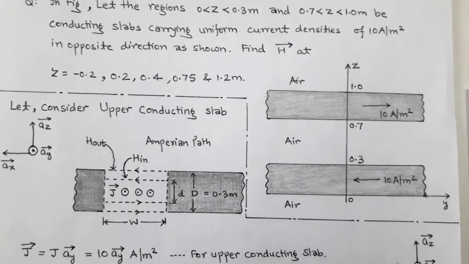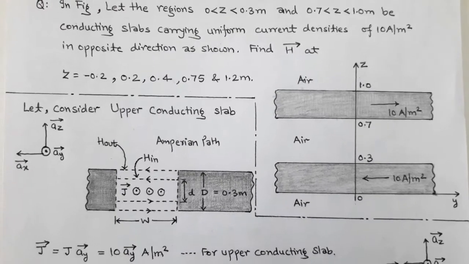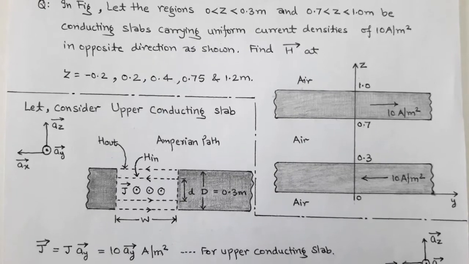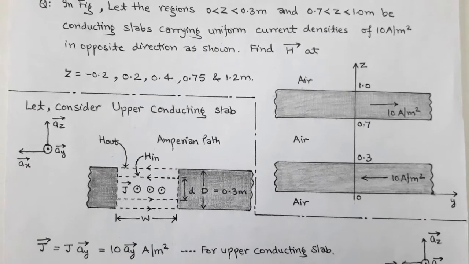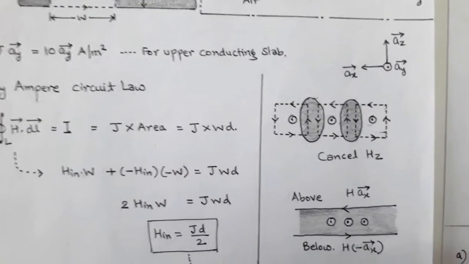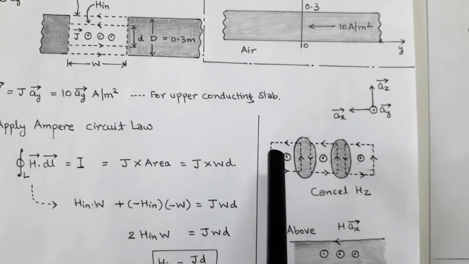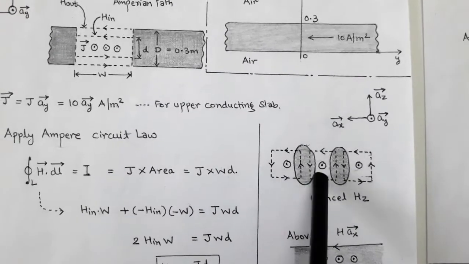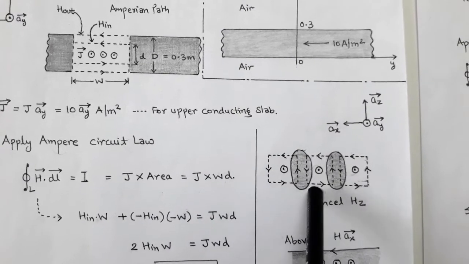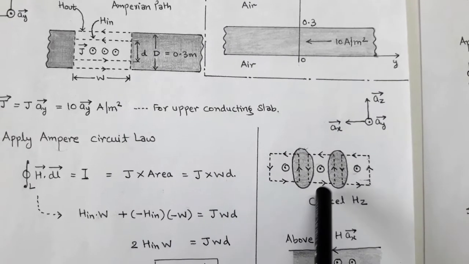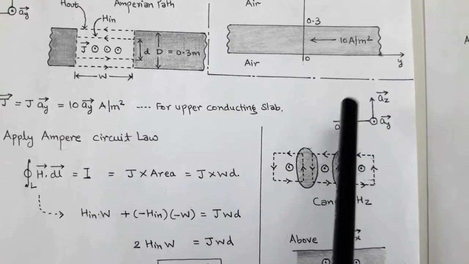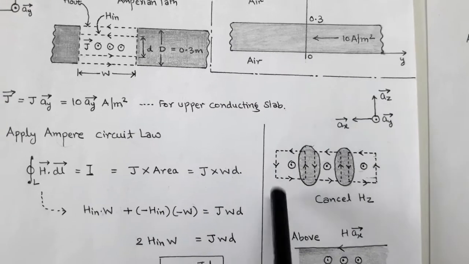As the conducting slabs are of infinite dimensions, the current distribution is symmetrical, so we can see that there are an infinite number of conducting filaments. If we assume two neighboring points in which the current is pointed out, we get a small Amperian path, and from here we can see that the Z component of H, that is H_z, is cancelled.